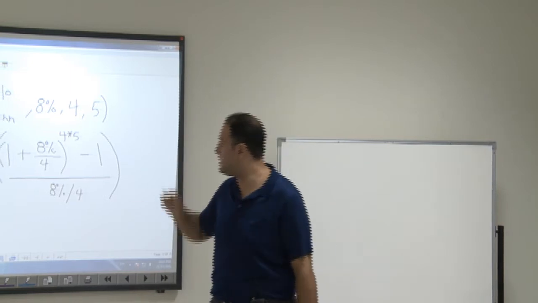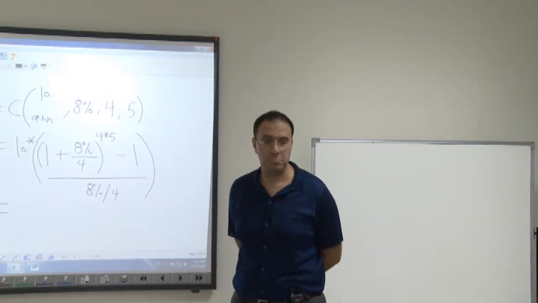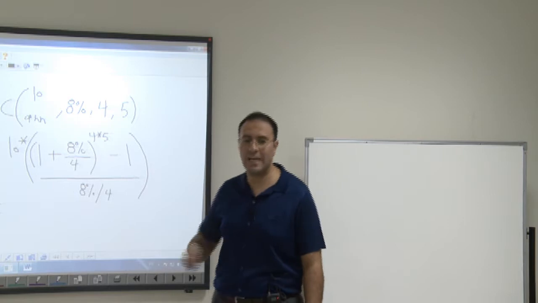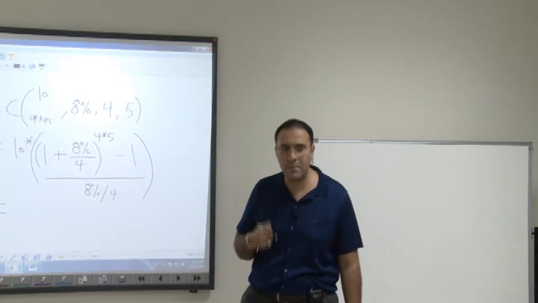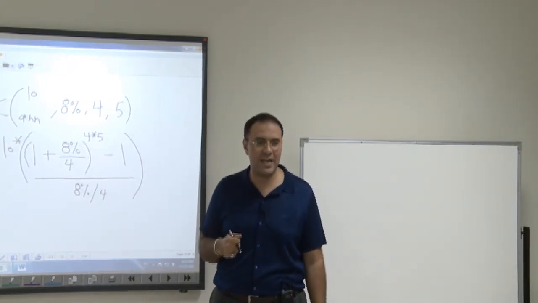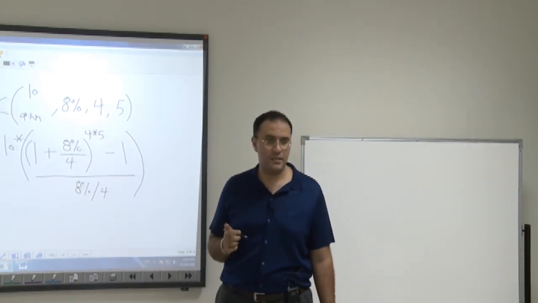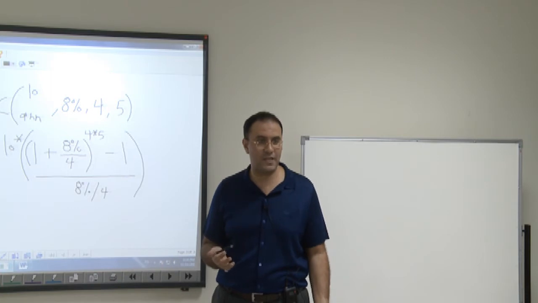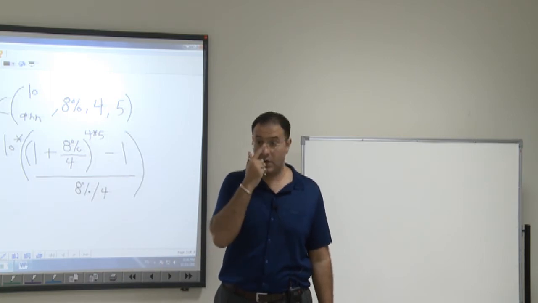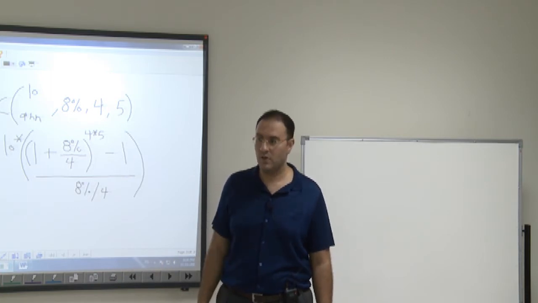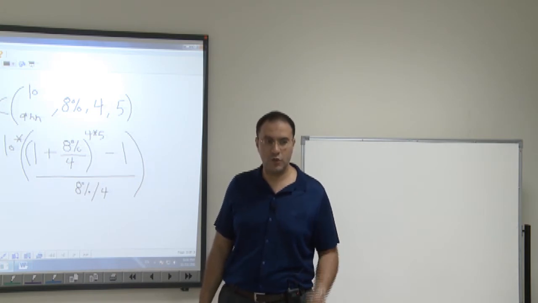So tell me, how much is it now? So this is how we compound an annuity. How much is it, Ahmed? How much is it now? 242.9.